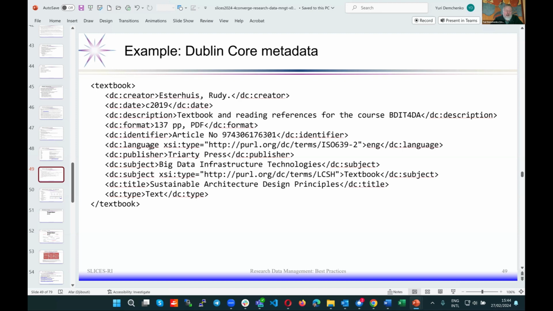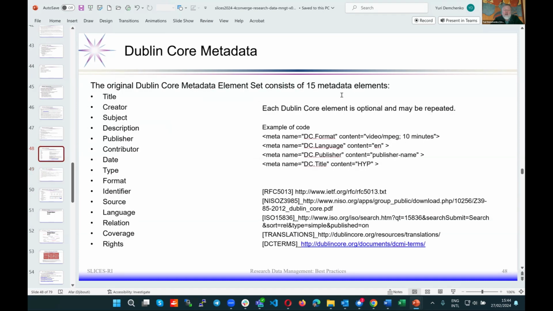If you analyze this, you may find that you cannot put much information into these 15 metadata elements: title, creator, subject, description, publisher, contributor, date, and all the others, but it is sufficient to describe publishable documents.